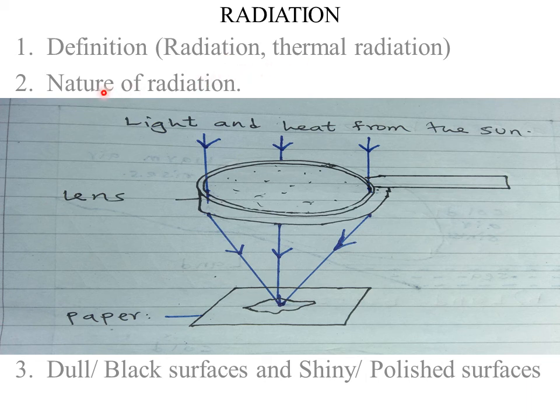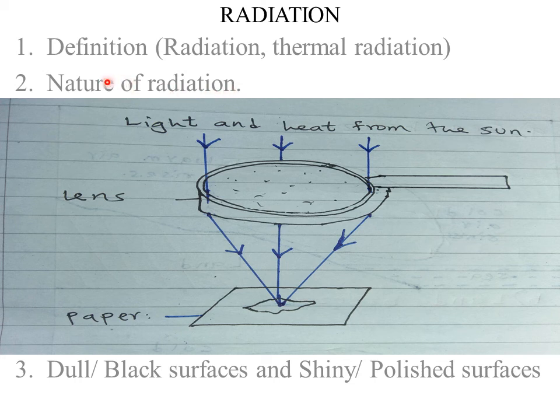Then we also need to look at the nature of radiation, that is, what does it constitute, or what is it made up of? Now, the nature of radiation is that when a material absorbs radiation, that radiation can cause what we call a heating effect.